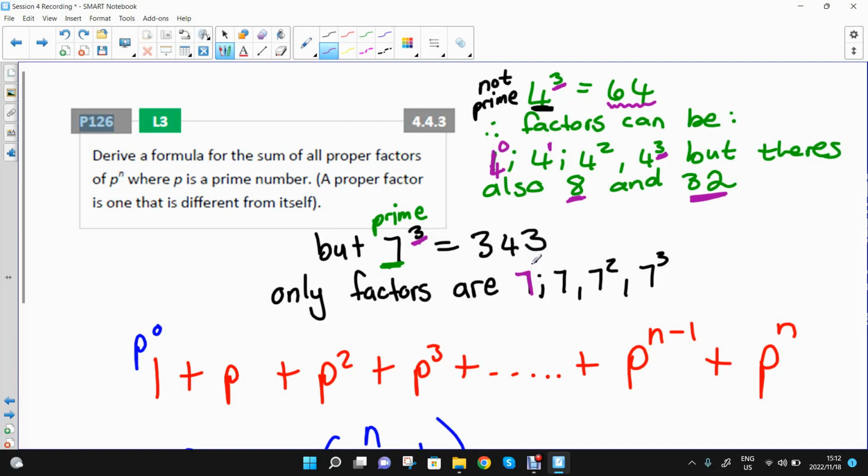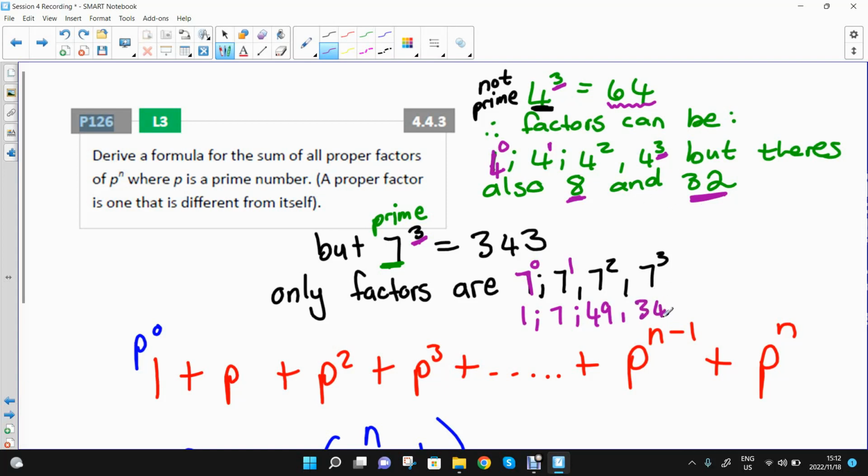So I would start at 7 to the power 0, 7 to the power 1, 7 squared, and 7 cubed.